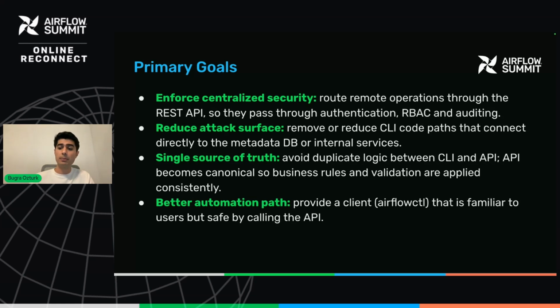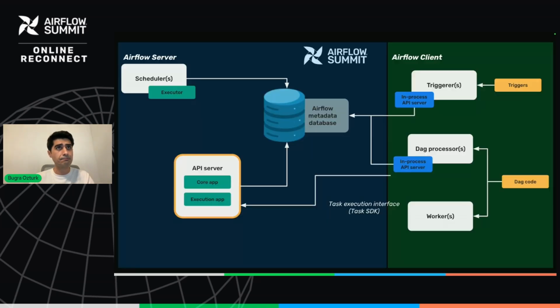And we have also a better automation path now, because calling the API will be safer than just executing other CLI commands. So this is, as I think you also saw in the keynote, I just wanted to highlight the part that all the components, as you can see in version 3 and later, are decoupled from the direct database access.